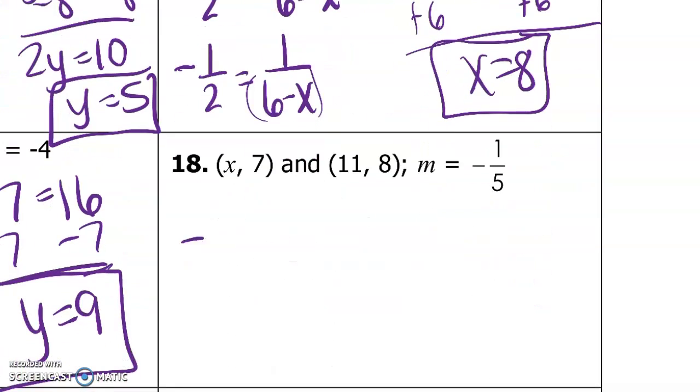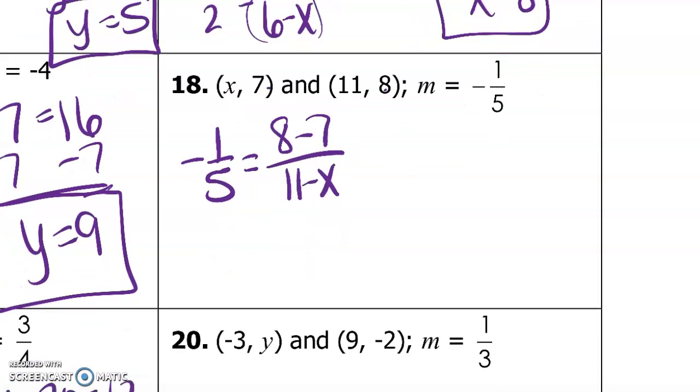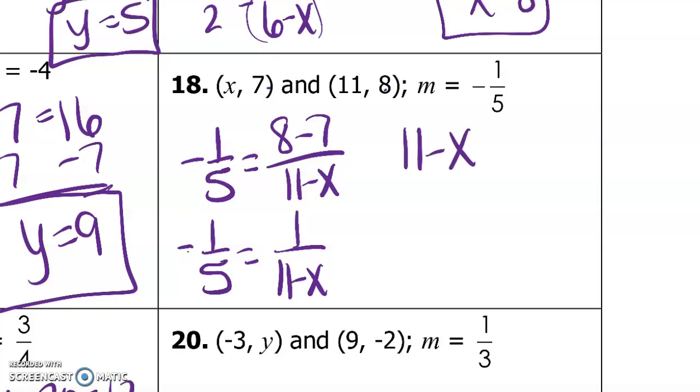For 18, negative 1/5 is equal to 8 minus 7 over 11 minus x. So negative 1/5 is equal to 1 over 11 minus x. This is essentially what we just did. So I'll show you, if you don't want to put the negative 1 with this one, you could do 11 minus x is equal to negative 5.